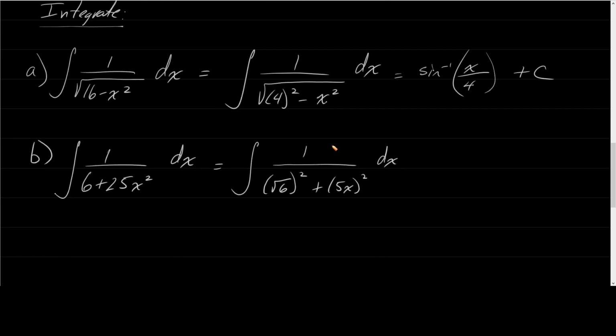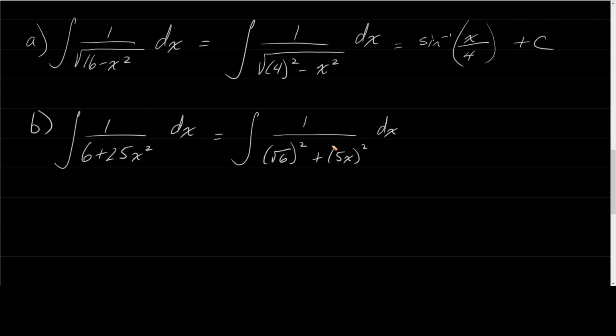So now I can go ahead and apply my formula for arctan. Let's just say that this is our a, this is our u, right? And remember, it became 1 over a arctan of u over a.